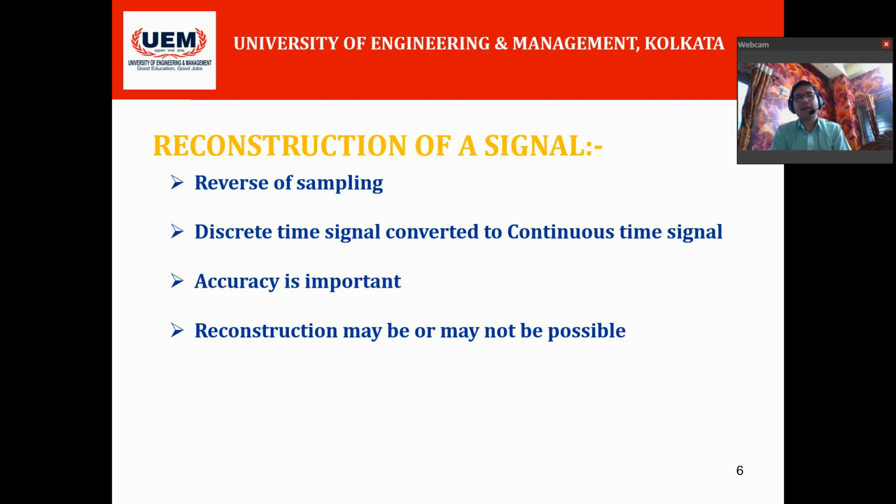As a result, it's very difficult to get back the actual signal. So reconstruction may be possible, may not be possible. Okay, it's not always true that we can always reconstruct a signal.